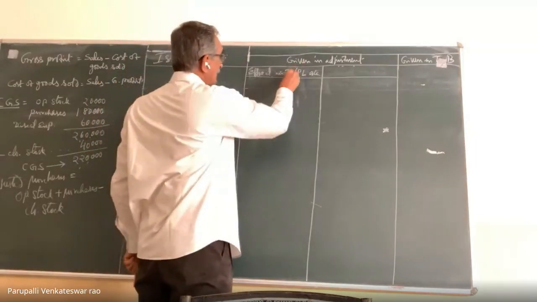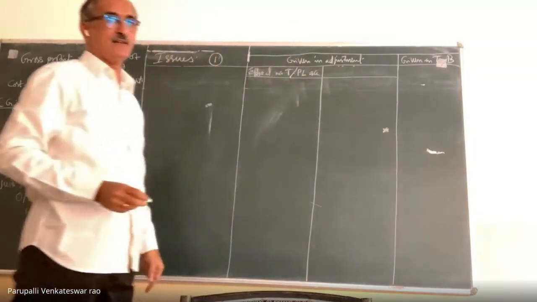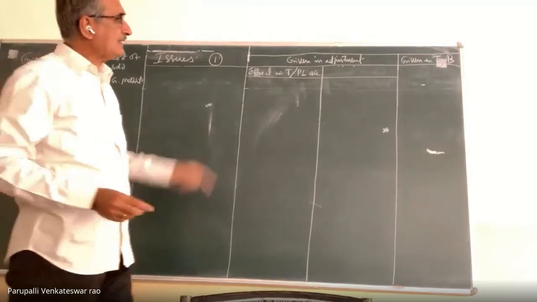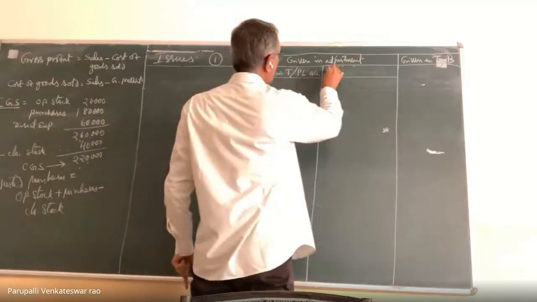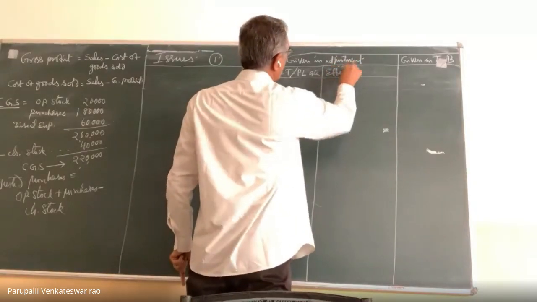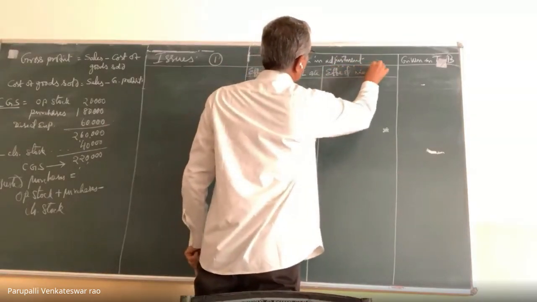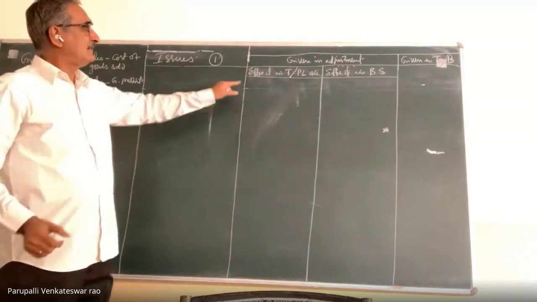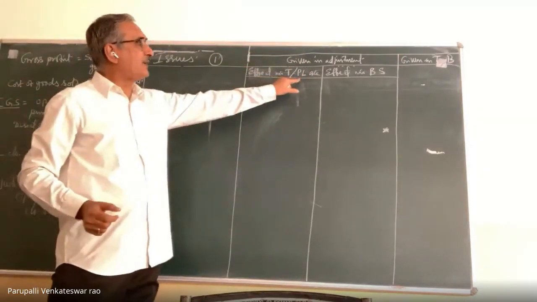Next one is effect in balance sheet. BS means balance sheet. Effect in trading and profit and loss account.